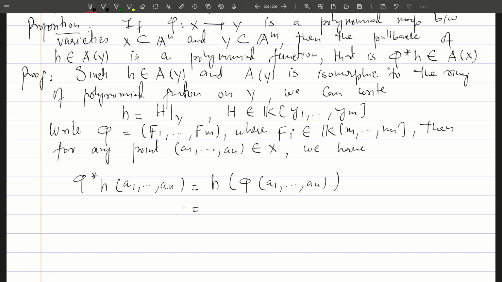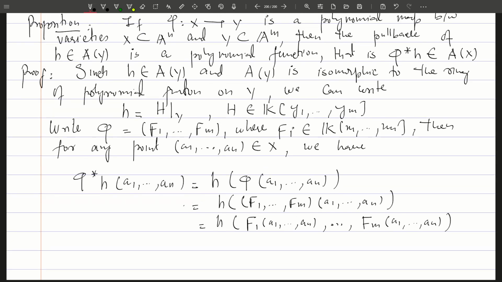But this phi is given by this polynomial map, so this is h of f1 up to fm of this point a1 up to an. So this is same as h of f1 of a1 up to an, so on up to fm of a1 up to an.